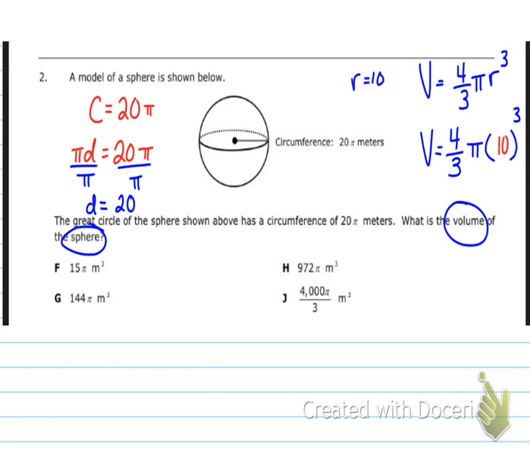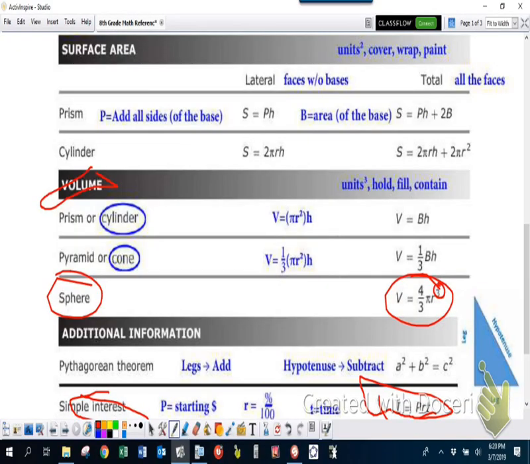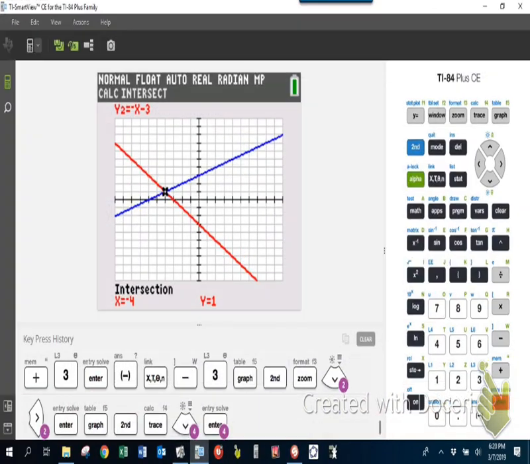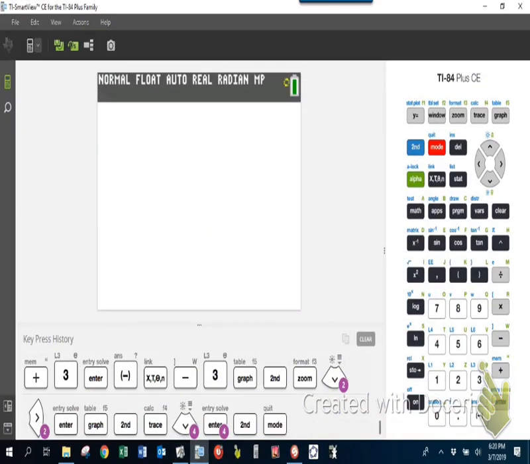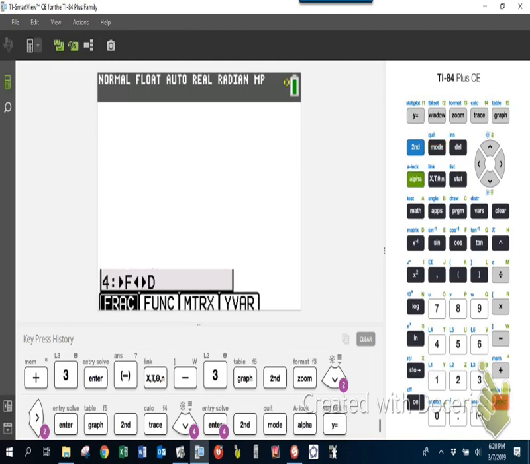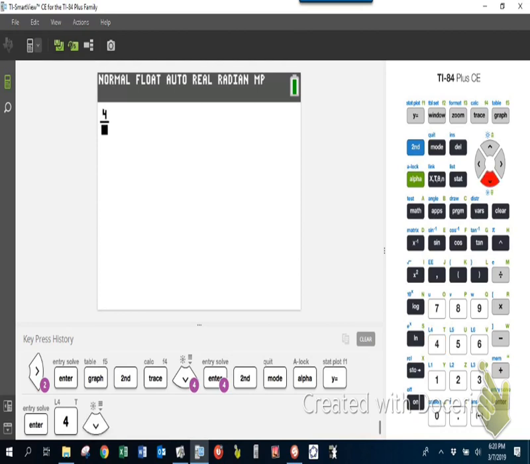Now, let's go ahead and solve that. So what's 4/3 times pi times 10 to the third? If we use our calculator, I'm going to type in 4/3, pi, and then 10 to the third.